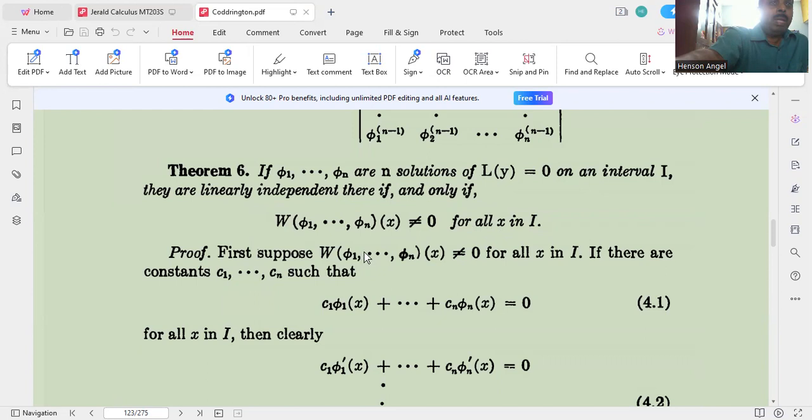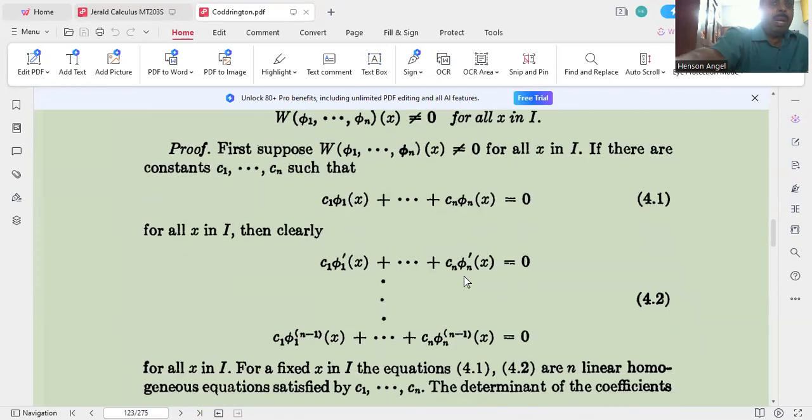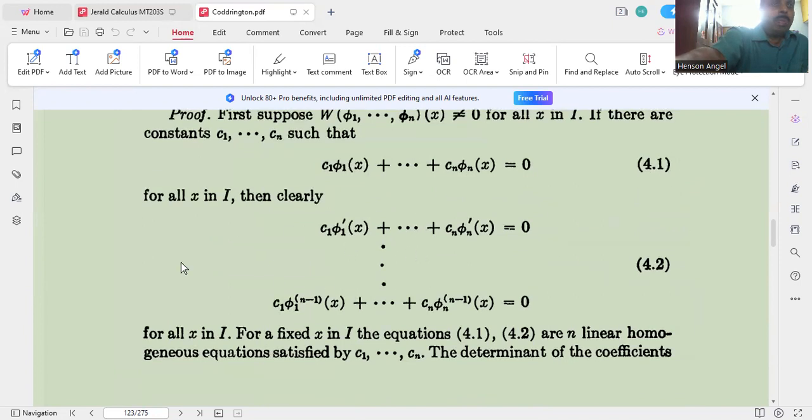Suppose the function of x is not equal to 0 for all x in the interval. If there are constants C1, C2, C3, ..., Cn such that this linear combination is satisfied with the following derivatives, there are equations 4.1 and 4.2.